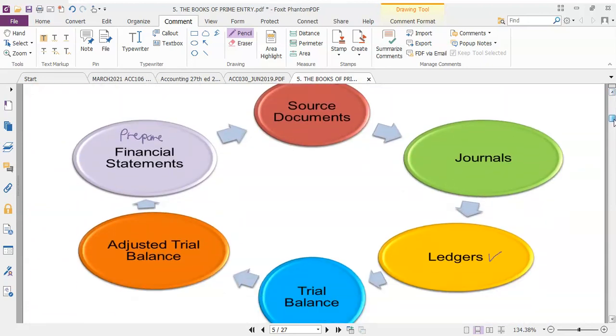Is there any question? So for the accounting cycle, we have already done source documents, journals, and ledger. Next week, we will cover the trial balance.